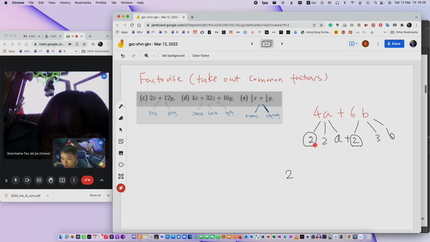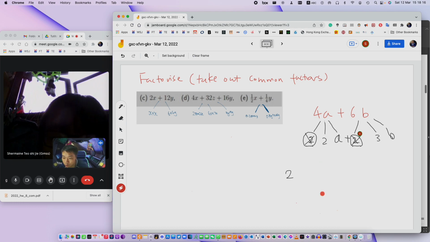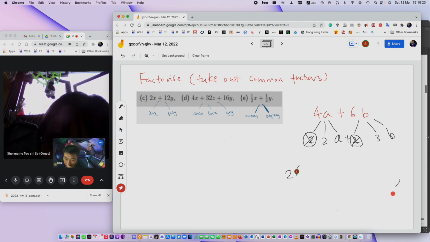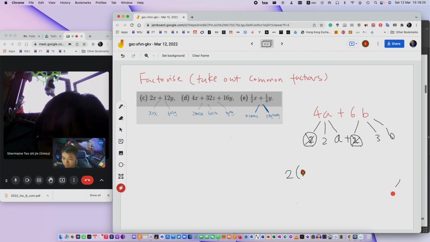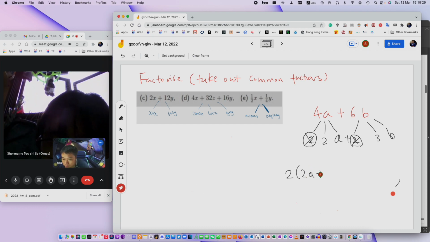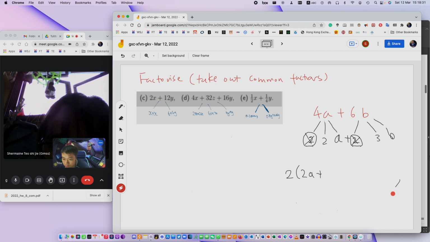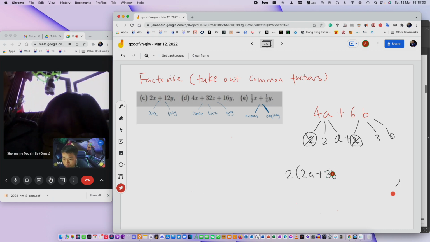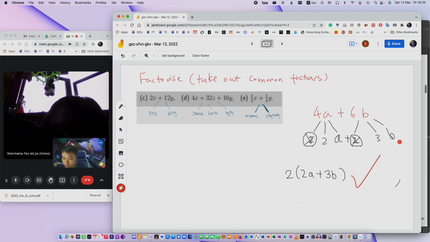Once you take out already, you can cross these two already. Good. Then what is left? Then you add a bracket behind. What is left? 2a plus. Exactly. So done. Correct.